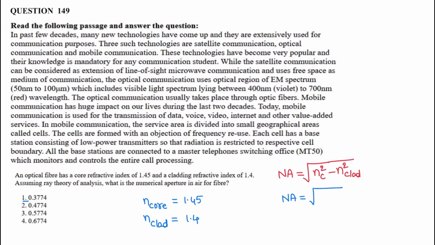Substituting, Nc is 1.45 square minus 1.4 square. Its value is square root of 0.1425, that is 0.37749. Correct answer is option 1.